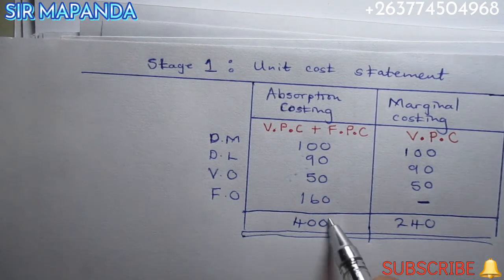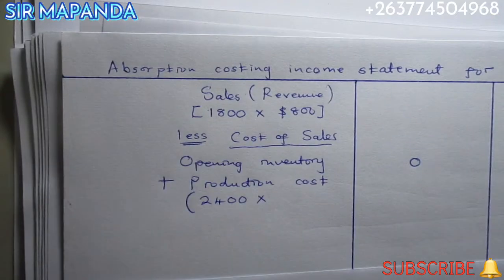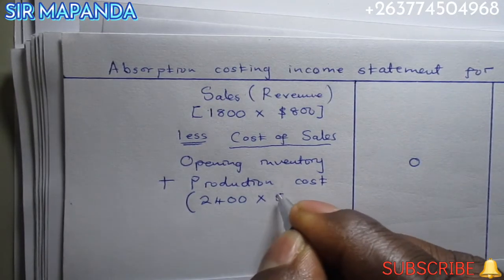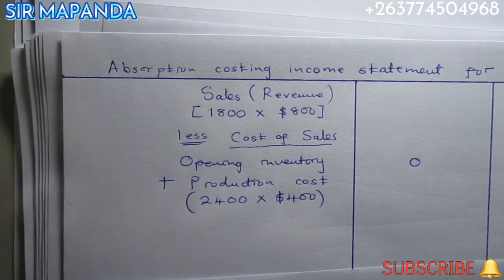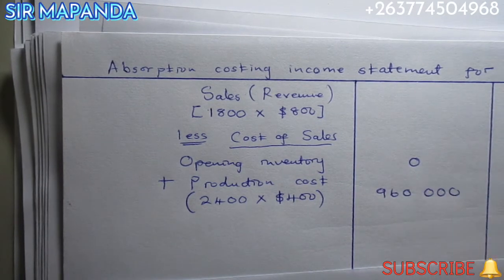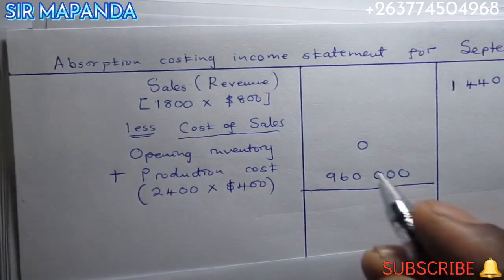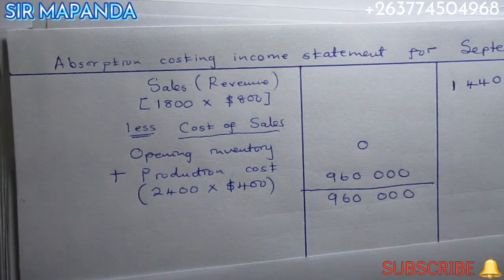So here I'm going to use 400 since I'm preparing absorption costing income statement. This 400 is going to help you to convert units into monetary value. So the units for production, 2,400, are going to be multiplied by 400, the unit cost. You get 960,000. Something like this. I hope you are following. So if we add with 0, it means you still get 960,000, right?